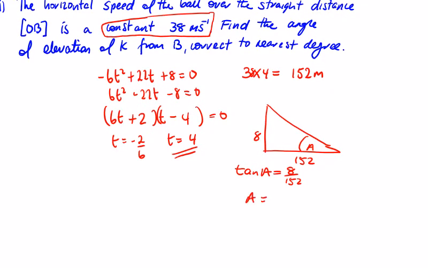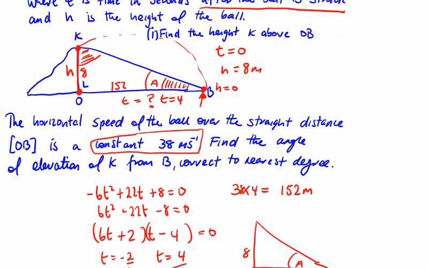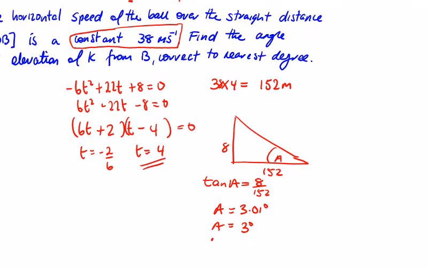So A is the inverse tan of 8 over 152. You don't have to write it down, you can just write the angle: correct to the nearest degree, 3.01 degrees. So A is equal to 3 degrees. And in case we're unsure in the question, write angle B here. Therefore angle B is equal to 90 minus 3, which is 87.